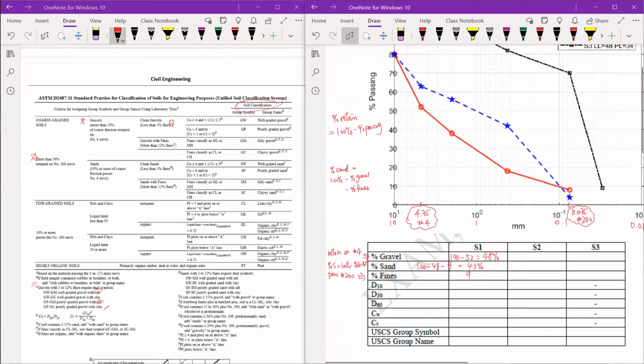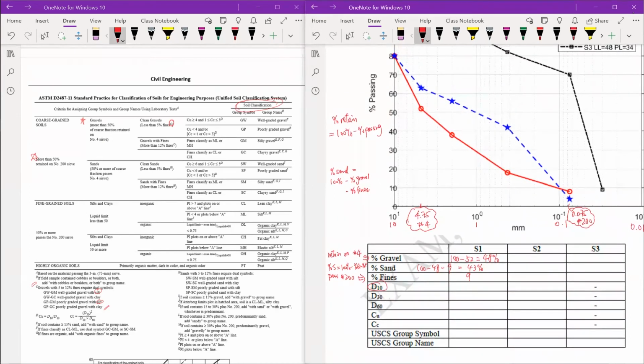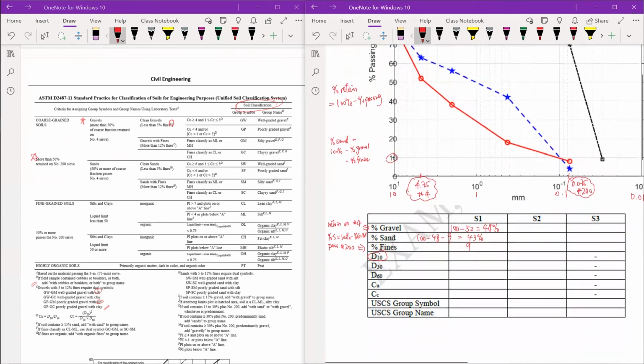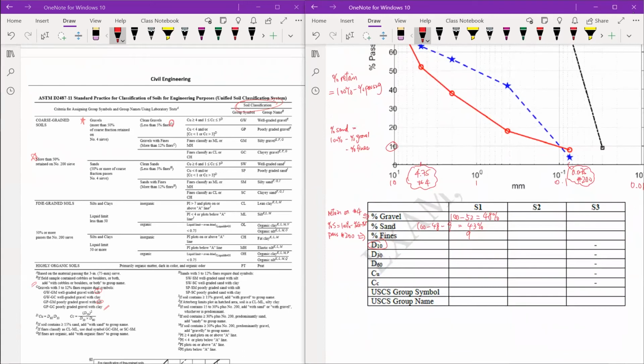Next, we look at D10. D10 is the particle diameter at 10% passing. Going back to our grain size distribution curve, at 10% passing we read the corresponding particle size, which is about 0.01.